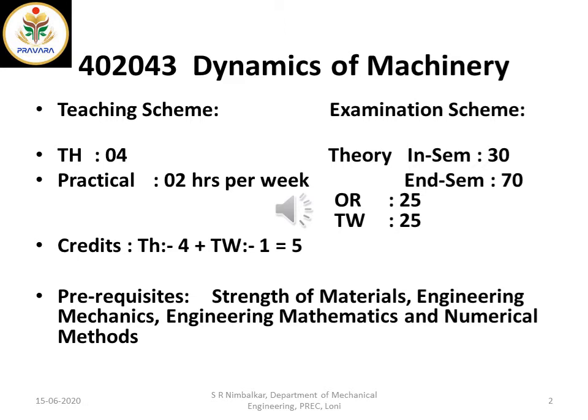So if you can see on the right side, the theory exam is divided, meaning 100 marks are divided into 2 parts. One is the in-sem examination of 30 marks, and we all know this is the scheme of examination, that we appear for a 30 marks in-sem paper, which has the syllabus of 3 units, and then the end-sem examination is for 70 marks.